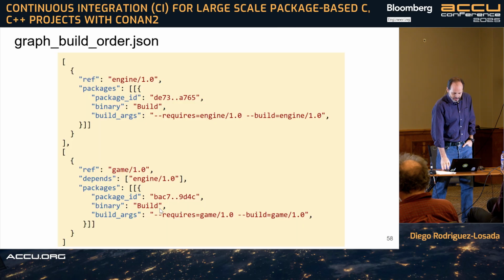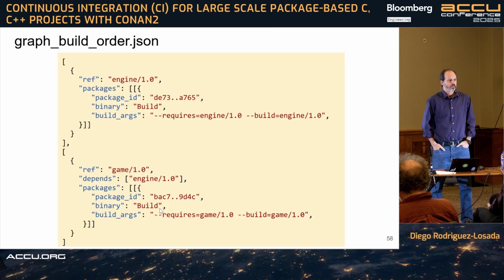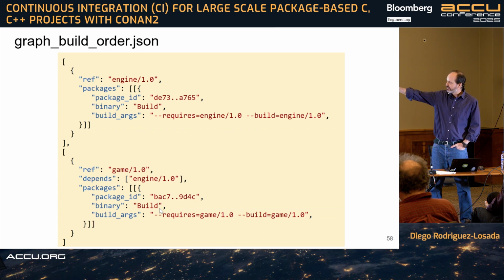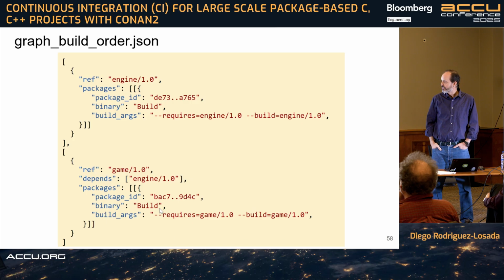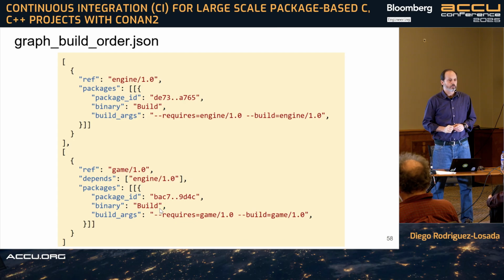it will basically output this, which has first a list which contains engine. It means you should be building engine first, right? And you need to build engine, this specific binary, this specific package ID. And these are the arguments that you need to build it. So it's basically all the information you need to trigger a build of engine, right?